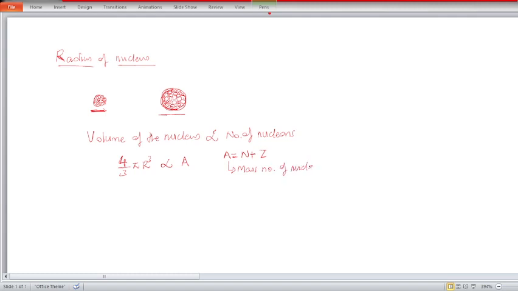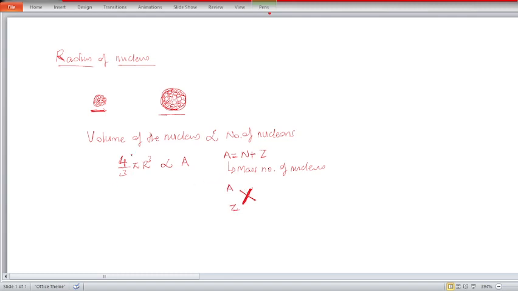When you write it in symbol form, let's say you have a nucleus X, then your mass number will be here, and the atomic number or number of protons will be on this side.